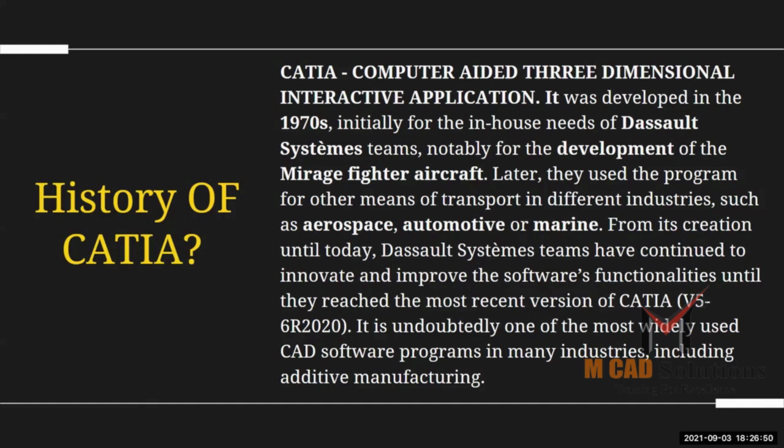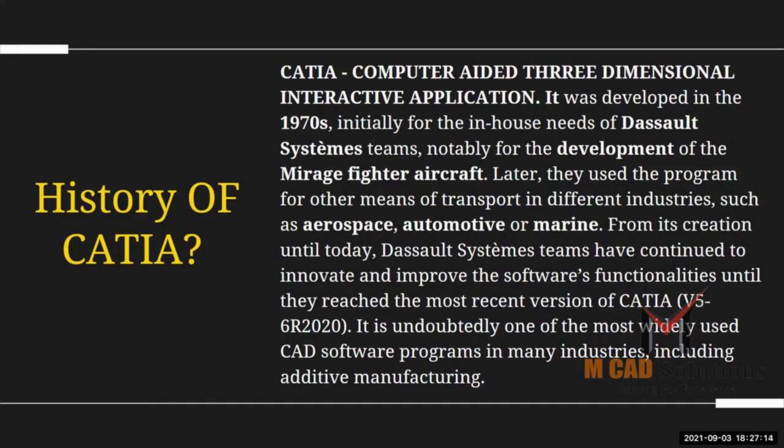It was initially developed in 1970 by the Dassault Systèmes team. At that time Dassault Systèmes was not a brand, it was a small team. They developed this software mainly for the Mirage fighter aircraft, as they were working on the aircraft project. Later on it was mainly used in transportation systems like aerospace, automotive, and marine.